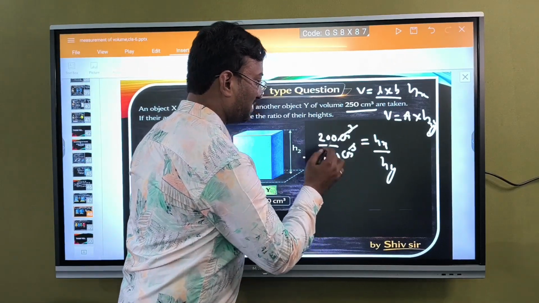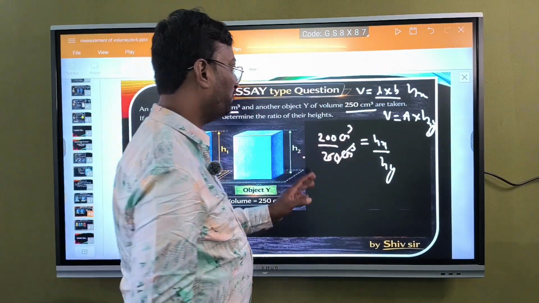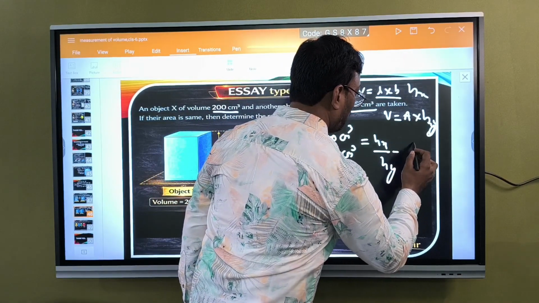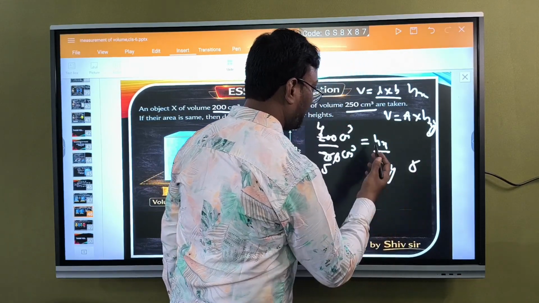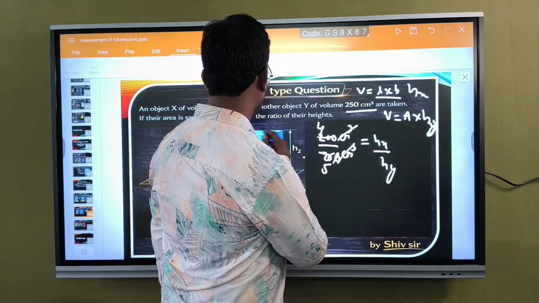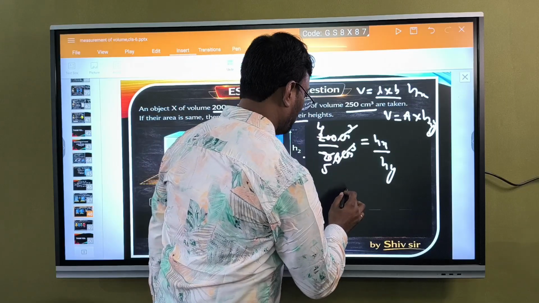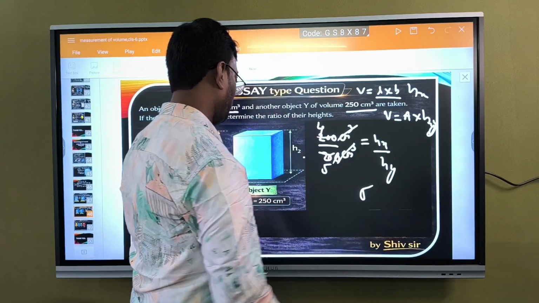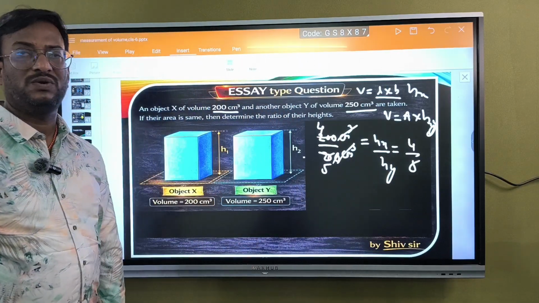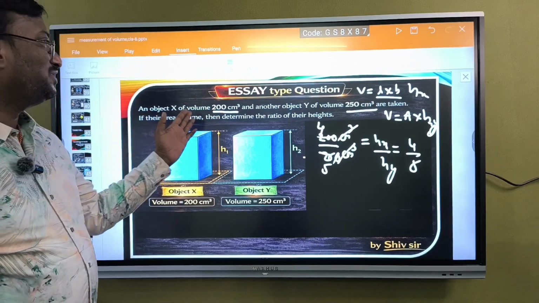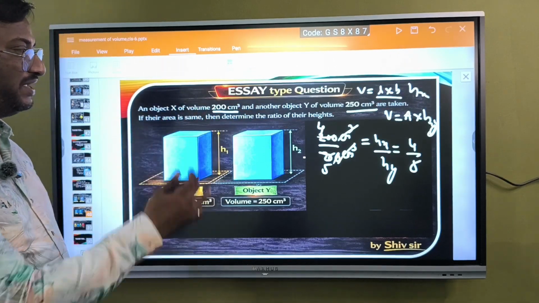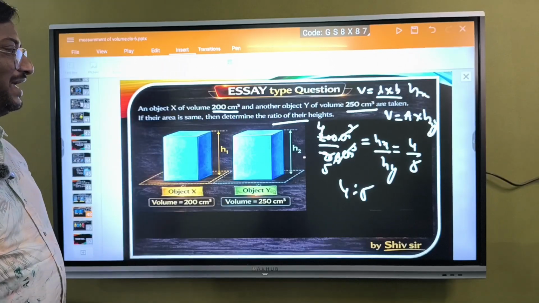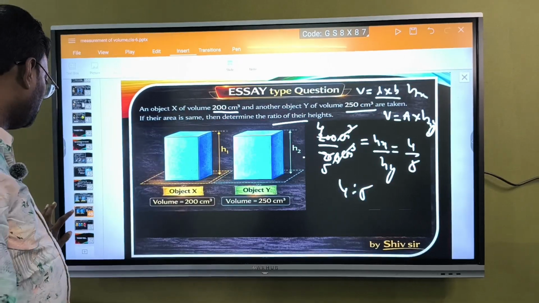Centimeter cube units get cancelled, so Hx by Hy will be equal to 4 by 5. It itself indicates that the ratio will be 4:5. 4:5 ratio, the ratio of their heights. Heights will be 4:5. Likewise, we can solve this question.